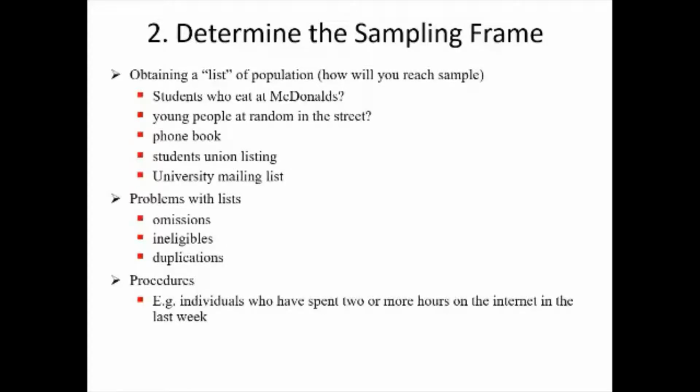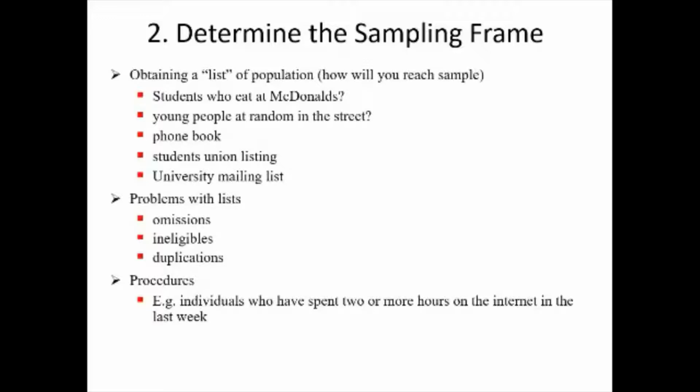But there are some problems included in the list, such as the omission of details of some students. There may be a chance of omission in the list. Omission means the elimination of some names. Or the list may include ineligible candidates, names which are ineligible for collecting opinions.